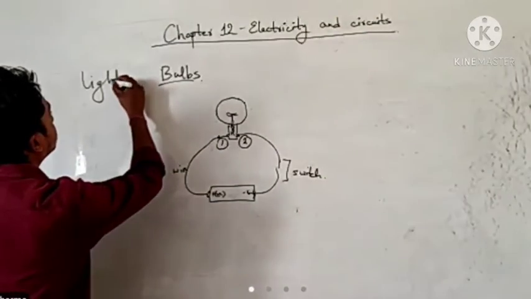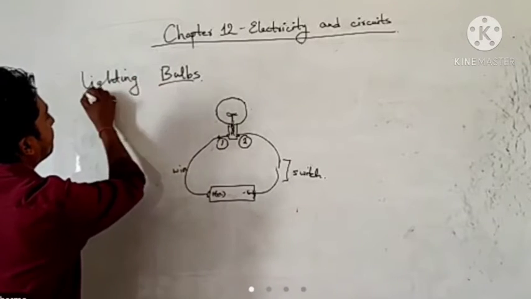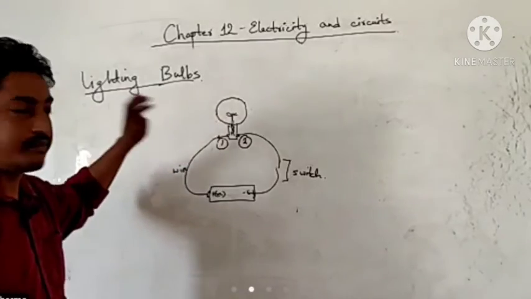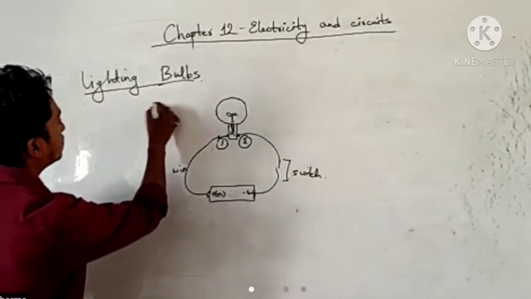lighting bulbs. Suppose this is an example of a circuit diagram.